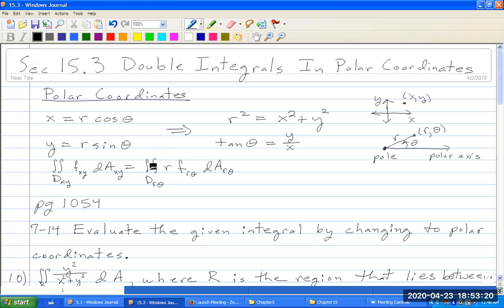That's the same as finding the double integral, where I have redescribed the region in polar coordinates, and I'm now integrating over r times the function written in polar coordinates. So basically the idea is that when I integrate, I have to multiply by a factor of r when I change to polar coordinates.